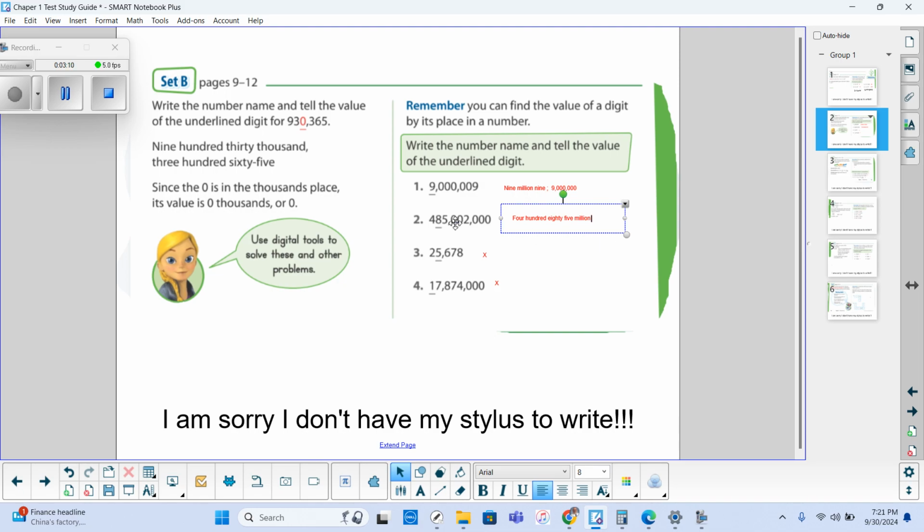Nothing in the 100,000s, nothing in the 10,000s, but there is a 2 in the thousands place. So 985,002,000. Okay, and the number that's underlined is in the 10 millions place, so that is worth 80 million.